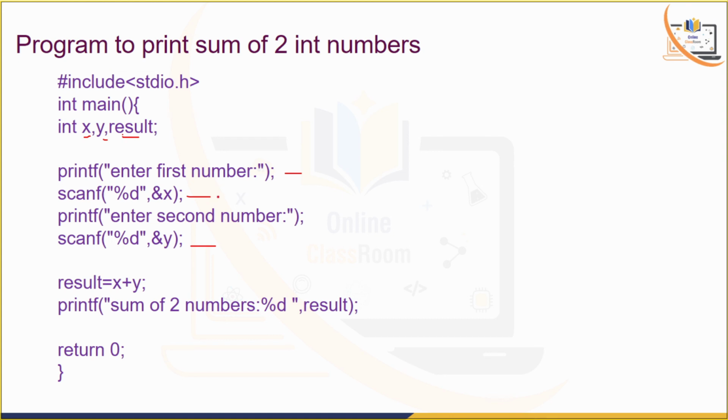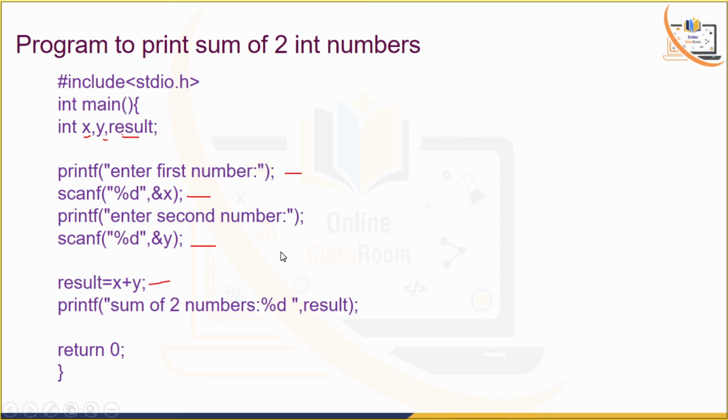So if the value of x equals 2 and the value of y equals 3, the result is 5, and in the result portion it will save 5. So if we print the result, then it will show you the output of 5.